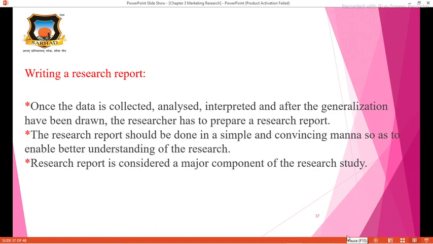It should be better for the understanding of the research. The research report is considered a major component of the research study. A proper, simple format should be used for a research report so that it is understandable to others.